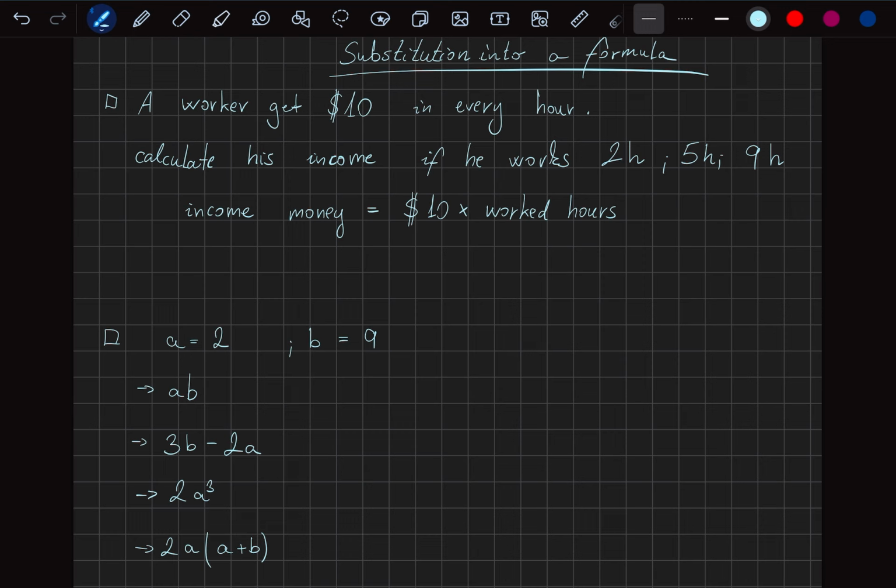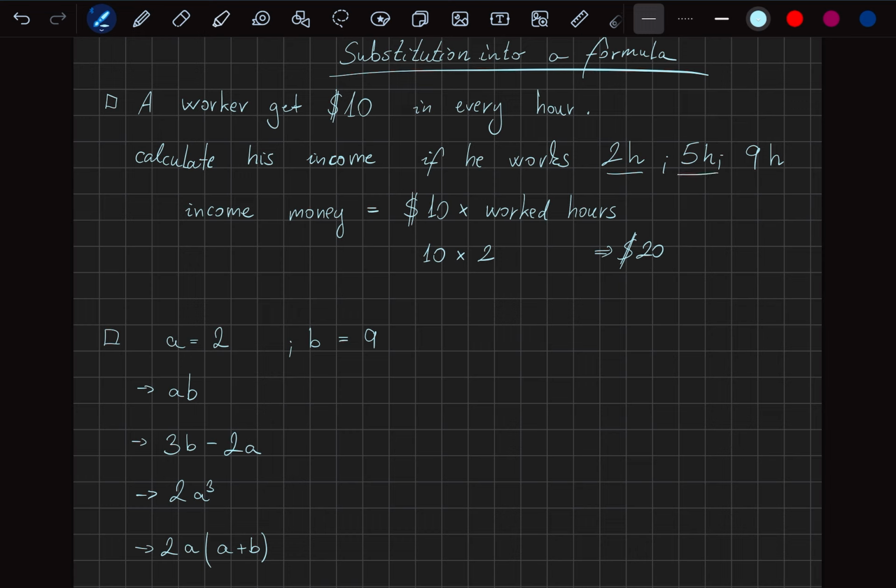Income money equals, in the first case, 10 times 2. So it will be $20. Sorry, the dollar sign will come in front of the number, like this.